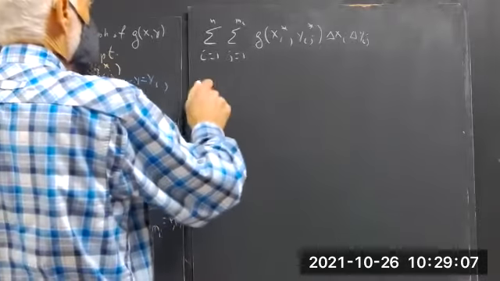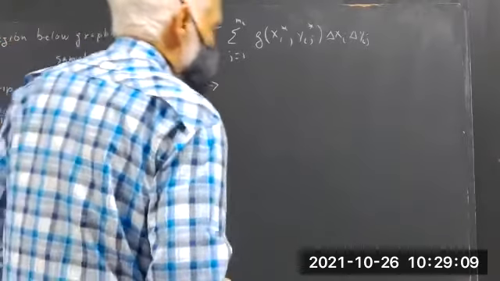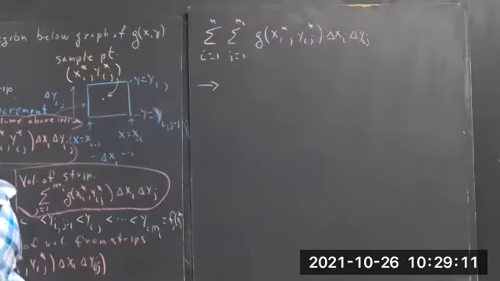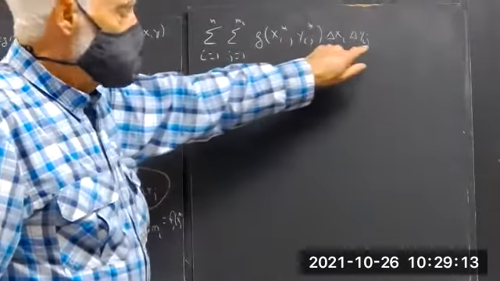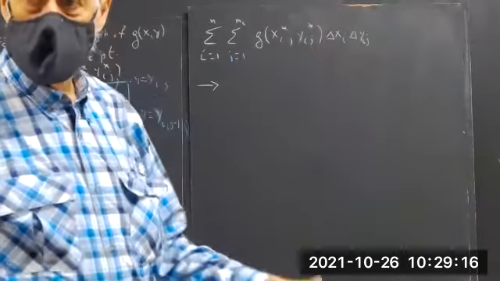Approaches in the limit. I'm being a little vague about what limit we're taking, but it's a limit as delta xi's and delta yij's all go to 0.